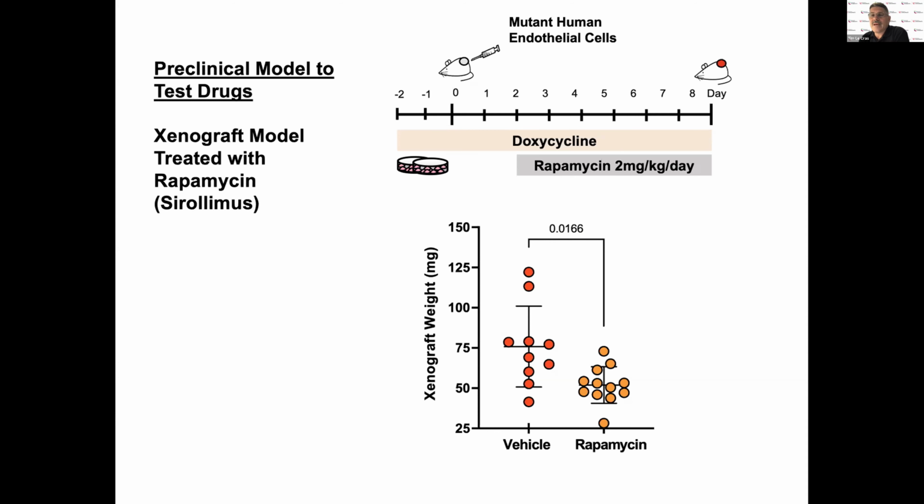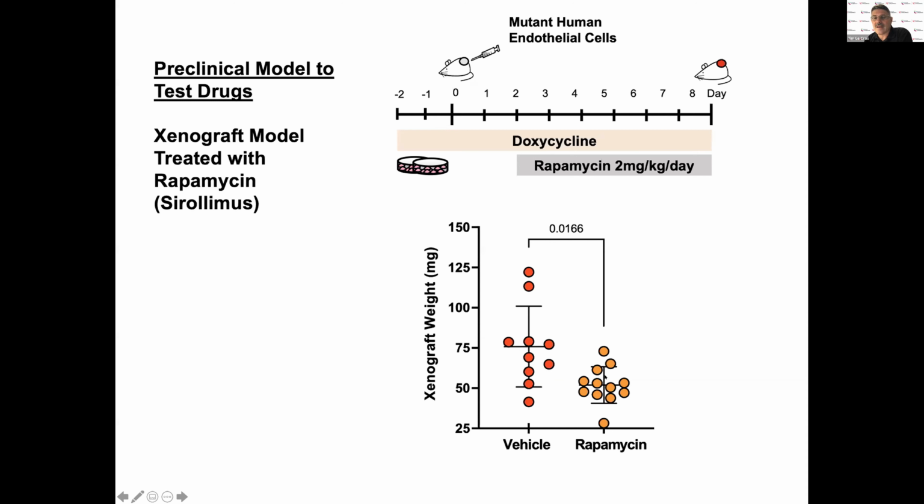And we know that in patients, this will have some effect in terms of reducing the disease progression. The patients show a partial response to this drug. It doesn't cure them, but you can see below that the weight of the plugs in the mice that received the drug, the rapamycin, was lower than the plugs that didn't get that drug, just had the vehicle, which is the solvent that the rapamycin was dissolved in.